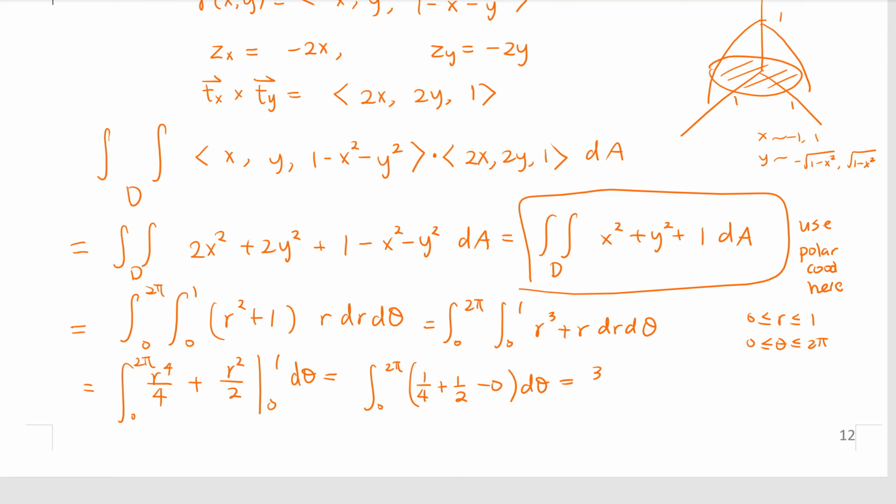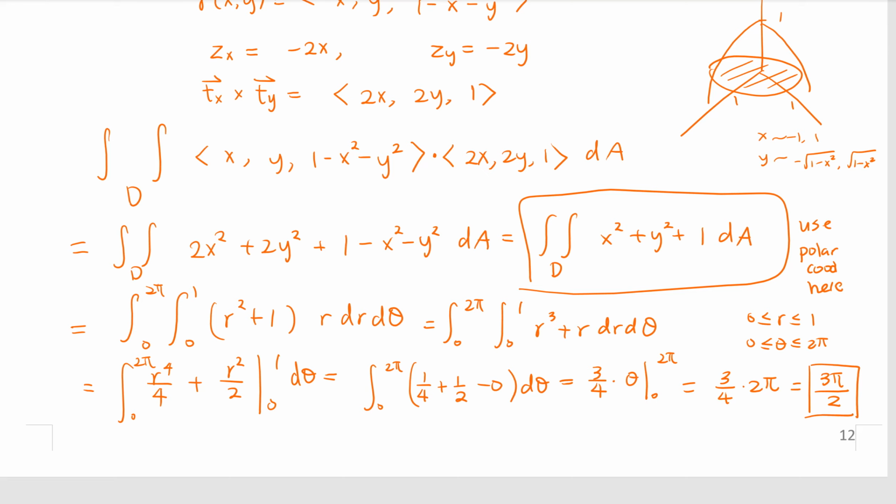This is just 3 over 4. And when you integrate a constant with respect to theta, it's just theta. When we plug in 2 pi, we just get 2 pi. So it's 3 over 4 times 2 pi. So the answer is 3 pi over 2. So this is the flux integral.